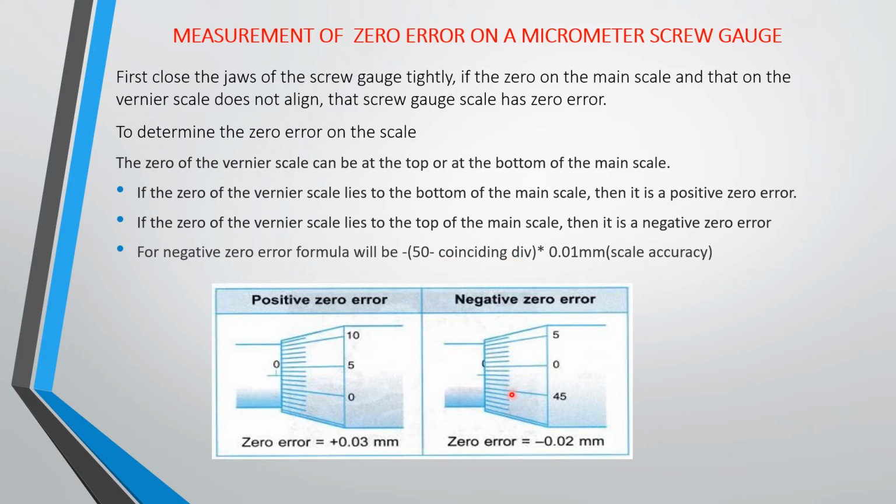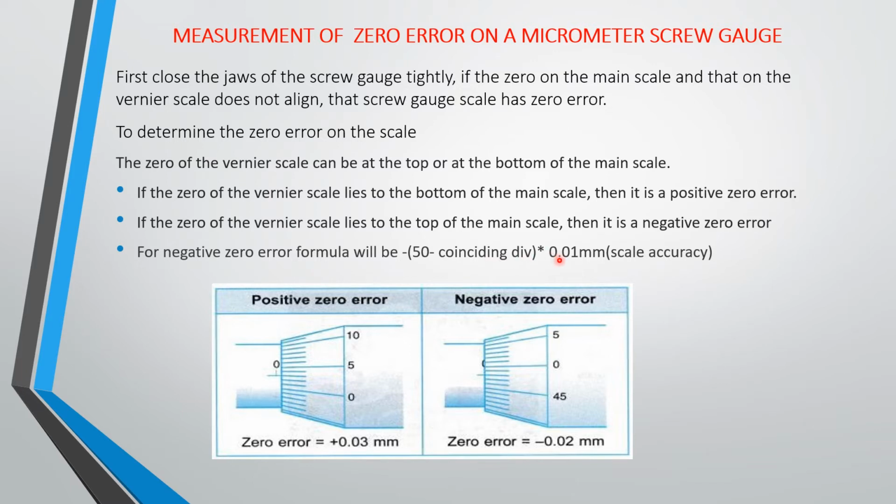Subtract your reading on this vernier scale from 50 and then multiply your result by the accuracy of the scale. That will give you the zero error of your micrometer screw gauge. So in this case I can count: this is 45, 46, 47, 48. If I subtract 48 from 50, I will have 2.